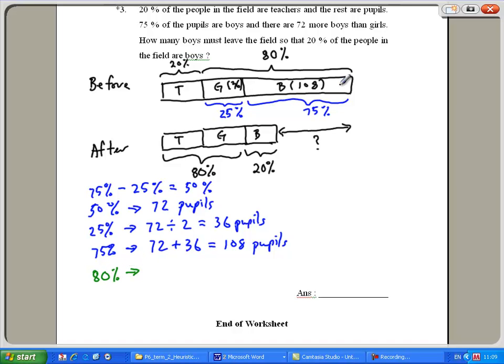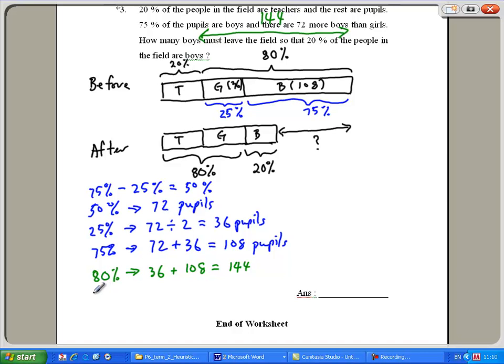So 80% will be the pupils, which is how many people? 36 people plus 108 people, girls and boys, so altogether how many is that? 144. Okay, and this is 80%. 144, that's 80%.